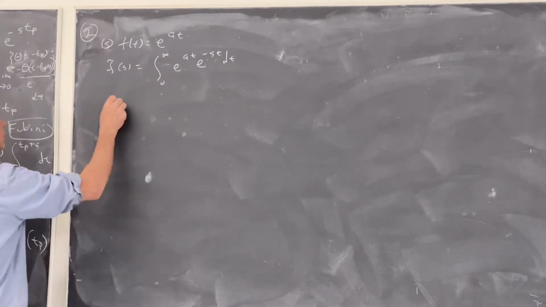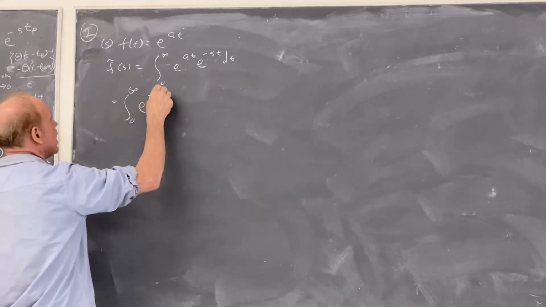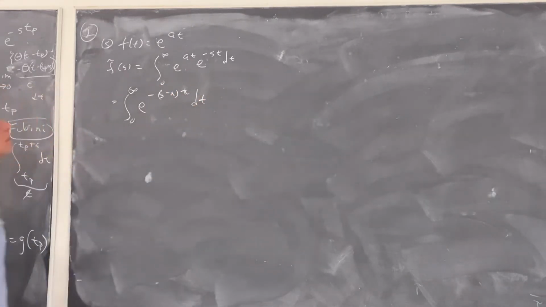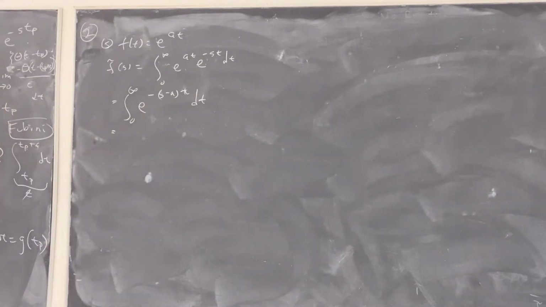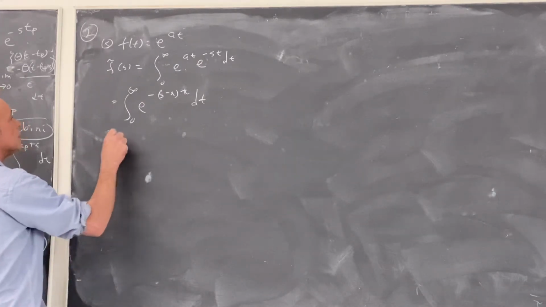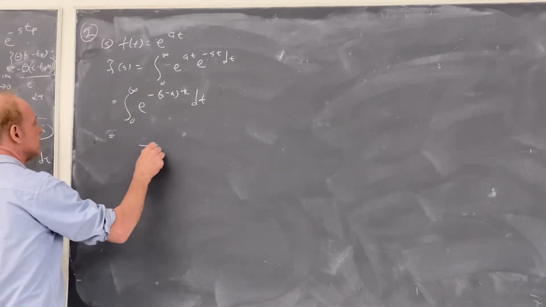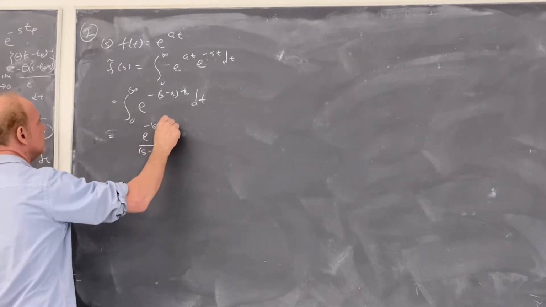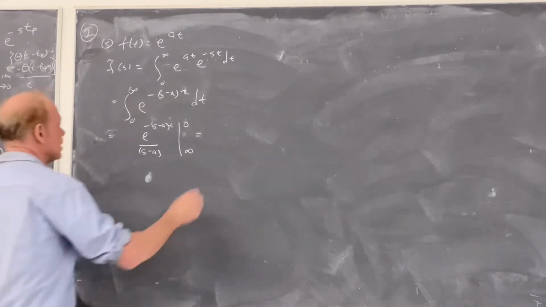So that's the integral from 0 to infinity of e to the minus (s minus a)t dt. And this is just the exact same rule we did here. This is just equal to 1 over s minus a, with the minus sign, e to the minus (s minus a)t from infinity to 0, which is just 1 over s minus a.